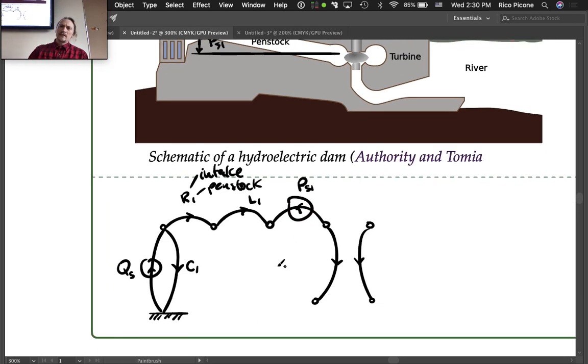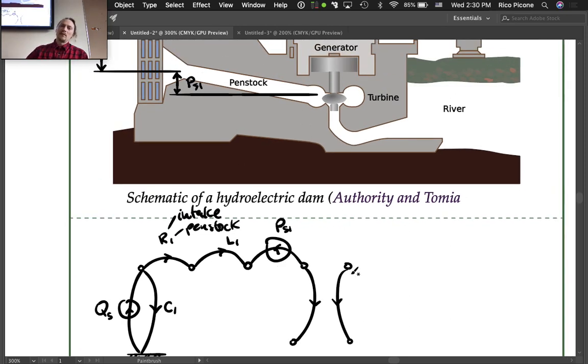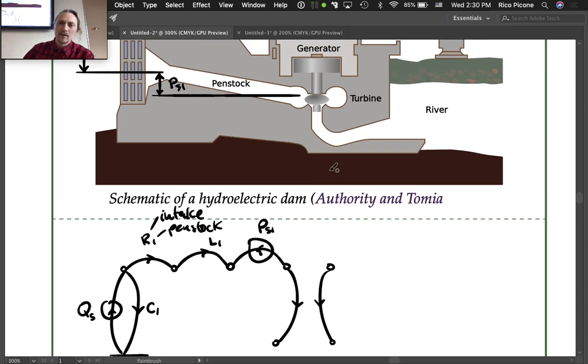And then we've got the rest of, so we'll talk about the mechanical aspect in a second, but let's focus on the rest of the fluid system for now. So you've got this pressure drop across the turbine, so whatever height you want to approximate that to be on the other side of the turbine, and that height is going to go down.